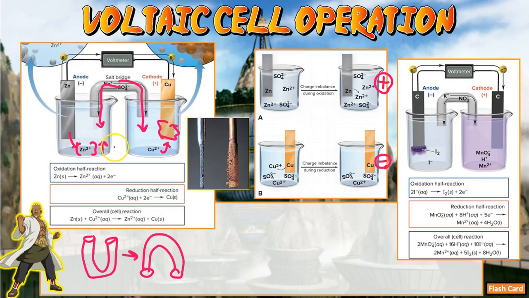Same thing if we're talking about the ion departure in the reduction half cell with copper here. We know that this Cu2+ concentration is going to decrease as we create copper solid. So of course, that means we're going to be left with negative anions in solution, causing this entire solution to be negative because there's no sodium to compensate for the missing positive charge here.